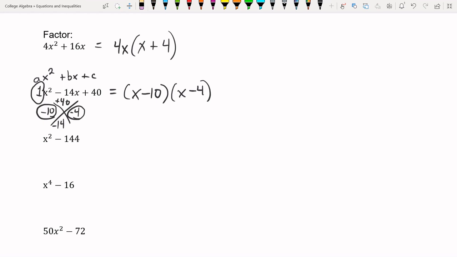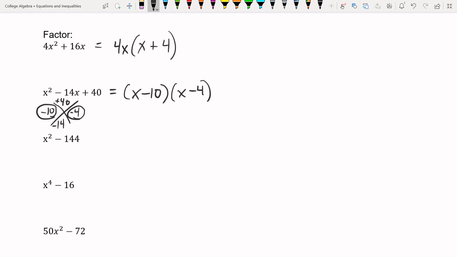So I can clean this up a little bit. And there you go. You can see the AC method factors that down to x minus 10 times x minus 4. These are both linear terms, so we know we're good. Okay, x squared minus 144. This is a binomial. There's not a greatest common factor. This is a binomial, so we can't use the AC method. We can, however, use one of those 4: difference of 2 squares, sum of 2 squares, difference of 2 cubes, sum of 2 cubes.